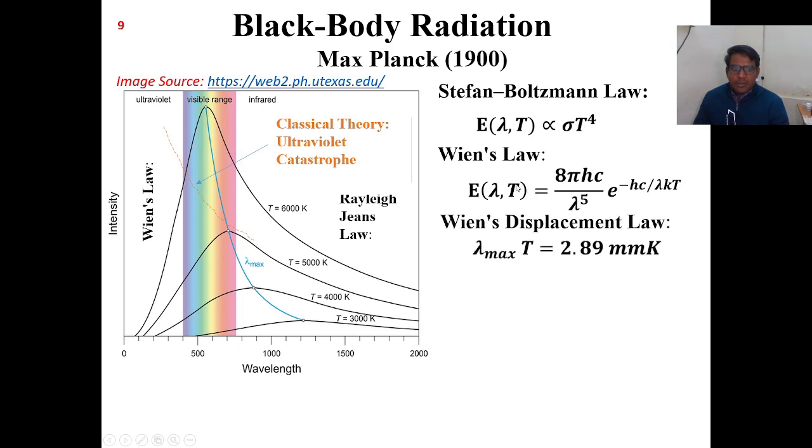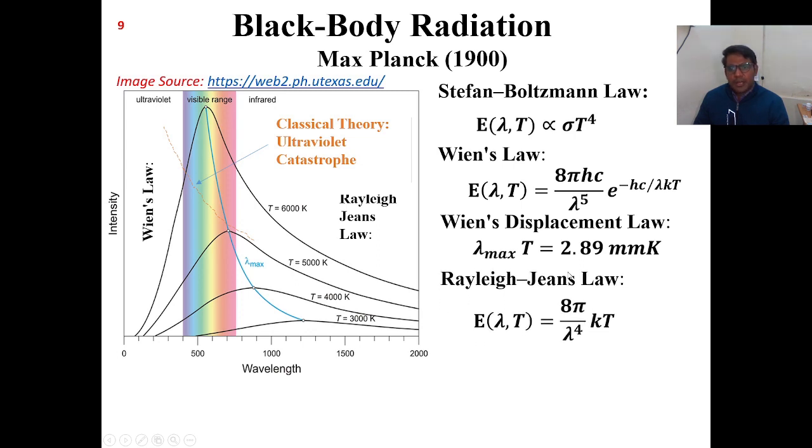Wien also tried to find this peak value, and he came up with this expression, that is lambda T equals a constant. This expression justifies that as the temperature increases, the wavelength corresponding to the maximum energy decreases, which can be seen by this blue line in this graph.